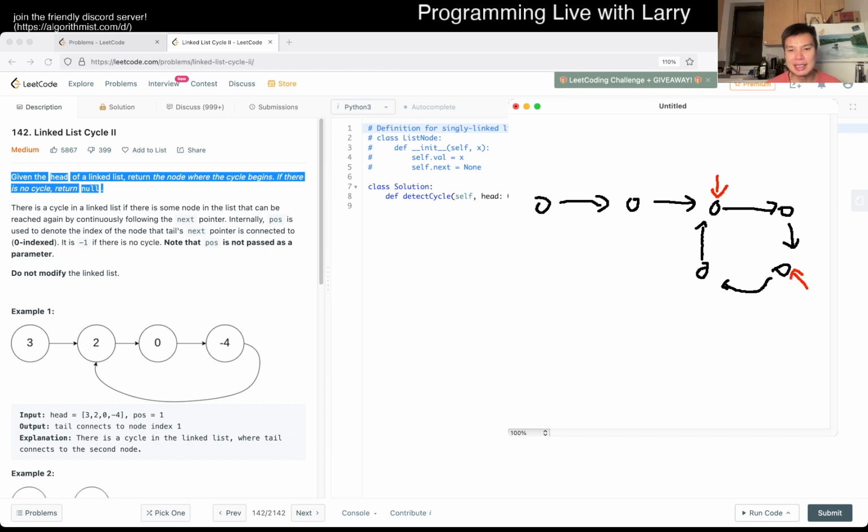So then the idea is that the fast pointer will basically gain one once it enters the loop, right? What I mean by that is that every step that the slower one takes, the fast one takes 2, so that eventually it'll catch up to it. Let's say the distance between them is x. After one iteration, it'll be x minus 1 and so forth, right?